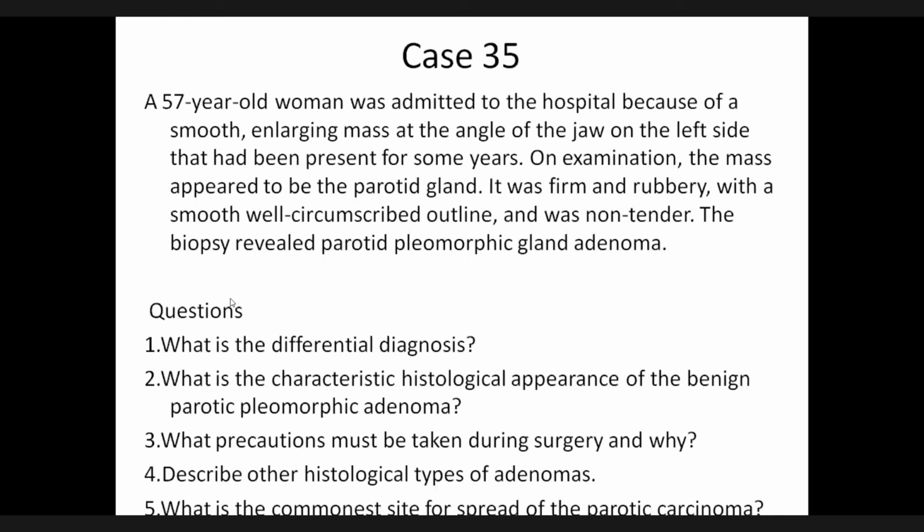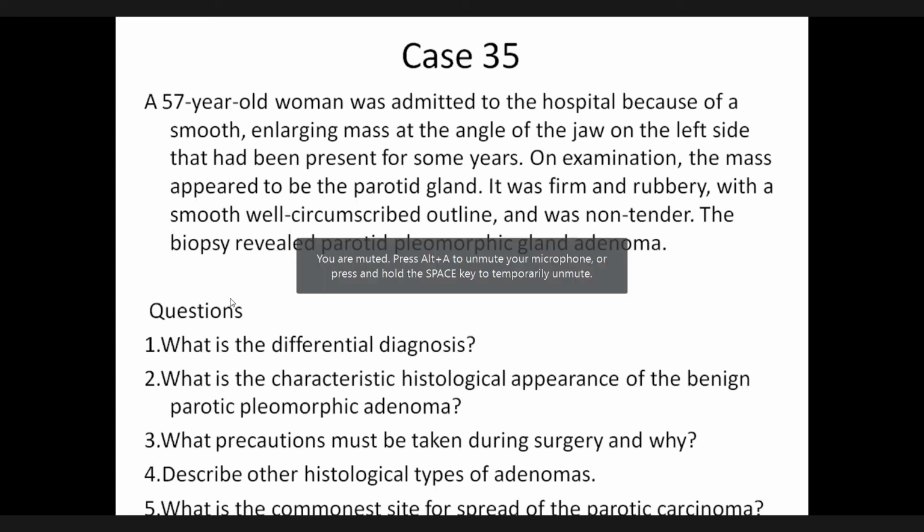Number 2, what is the characteristic histological appearance of the benign parotid pleomorphic adenoma? Characteristic histological, maybe expansive type of growth. This is benign. Expansive type of growth, benign adenoma. Cell atypia is a sign of malignant tumor.